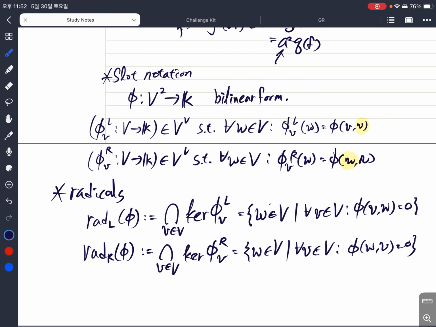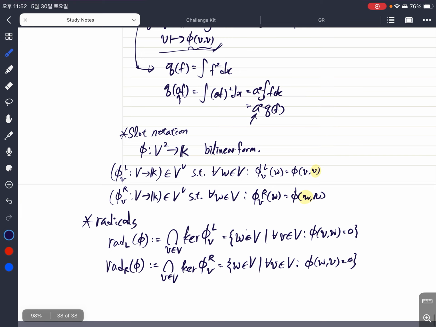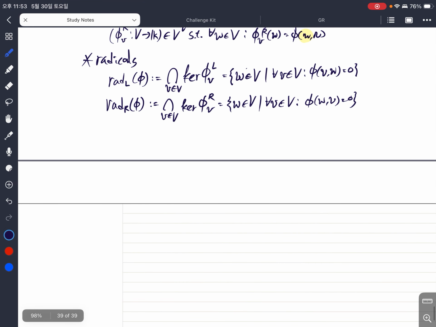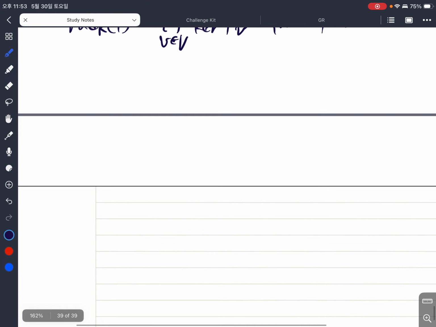So the elements of the radicals are the vectors which always give 0 for this bilinear form. These are the boring part of the bilinear form, and usually we don't want it. So we call it non-degenerate, the interesting case.